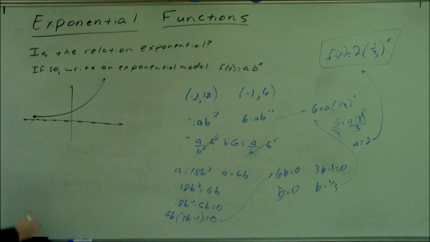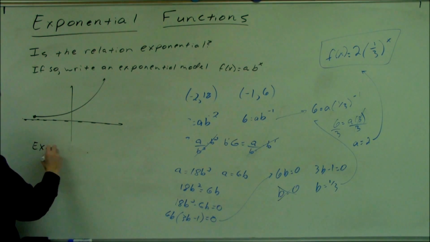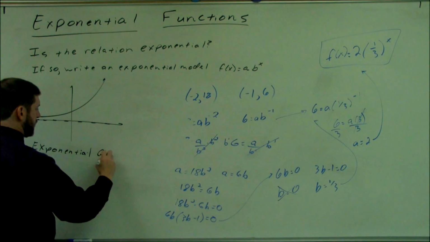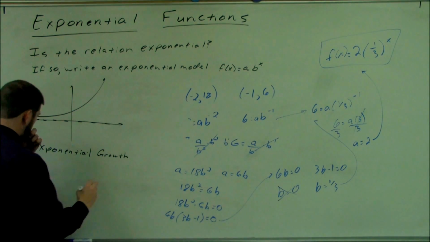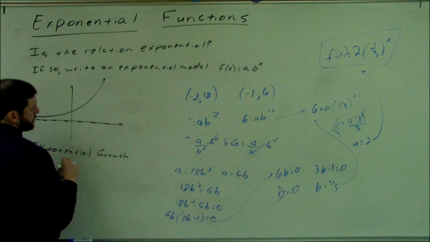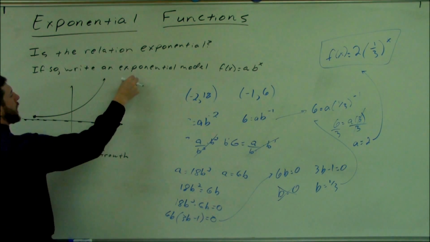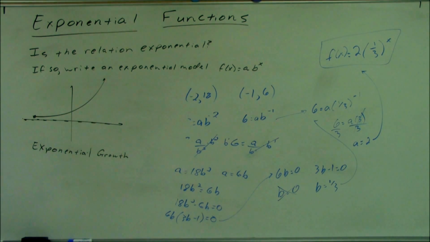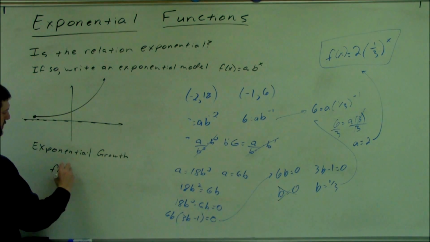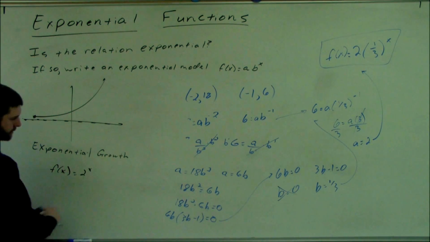This obviously shows exponential growth. As our x's approached positive infinity, our y's approached positive infinity. We're growing exponentially. And that was for the f of x equals 2 to the x.